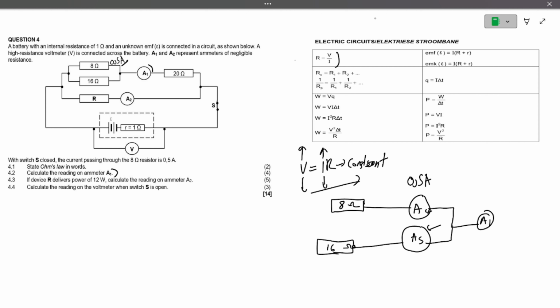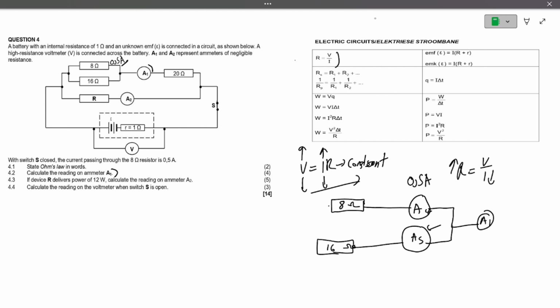We can find this current by using the formula R equals V over I. If something is beneath there, we can see already that resistance and current are inversely proportional to one another. If a resistor has high resistance, it means less current is going to pass through it. It's going to be harder for current to pass through that resistor.